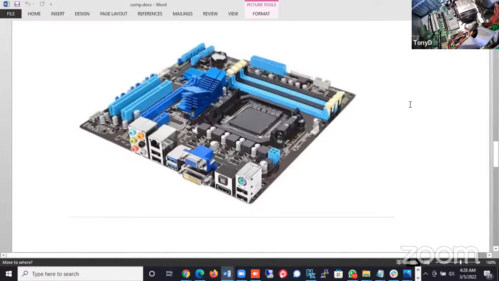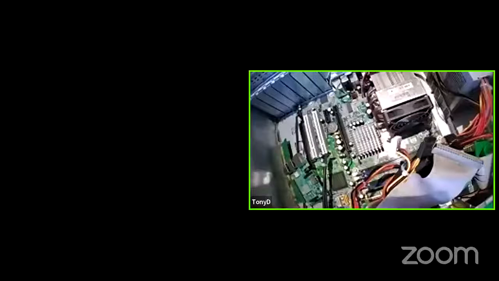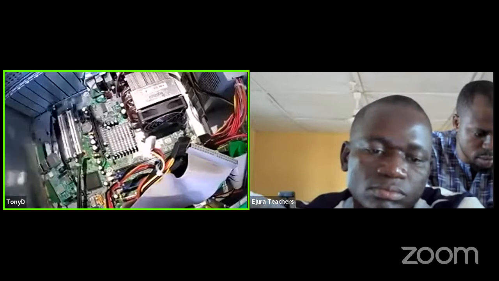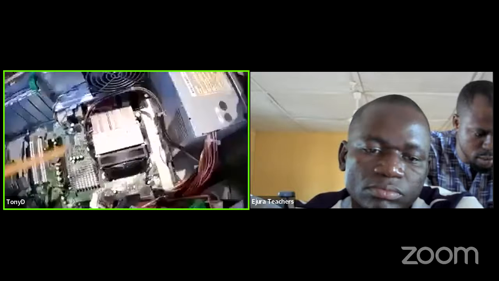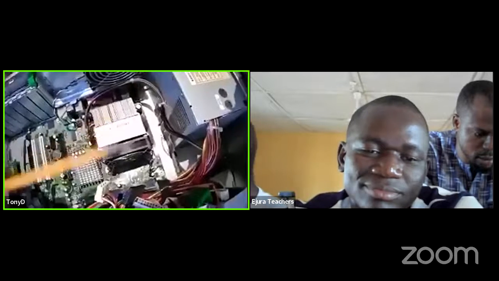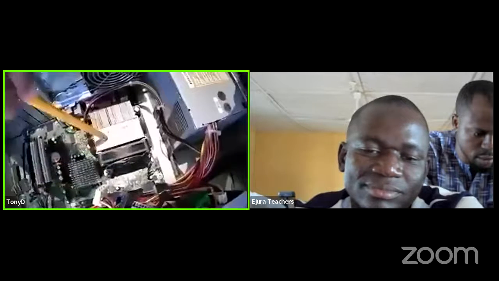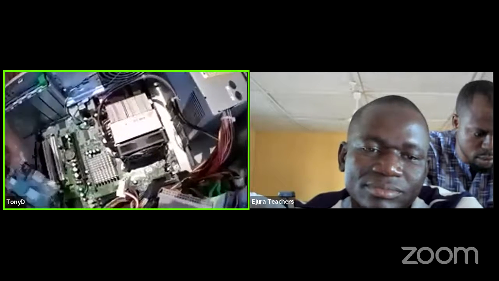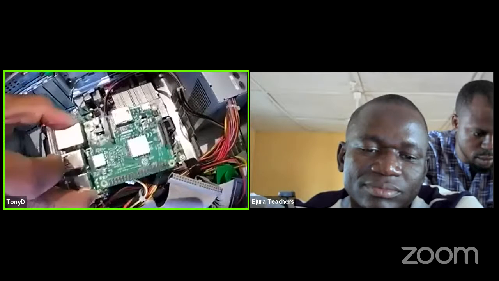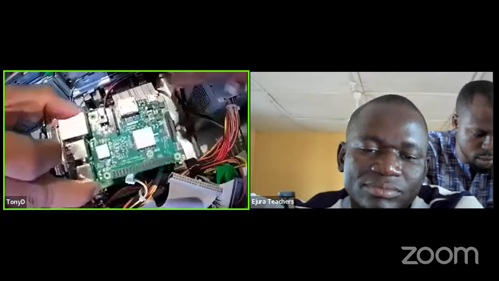So if you have, I will show you this. The CPU is actually sitting underneath this guy. When it comes to this guy, the CPU is sitting underneath it.